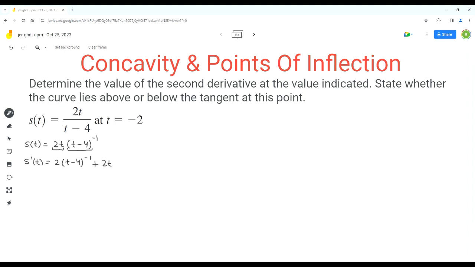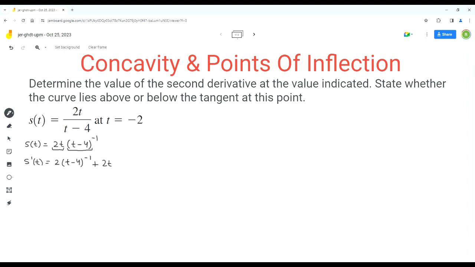Now for the second function, we'll have to use chain rule because there's an inner function t minus 4 and the outer function is the exponential function with the exponent -1. So we start with the derivative of the outer function, and for that we'll have to use power rule.